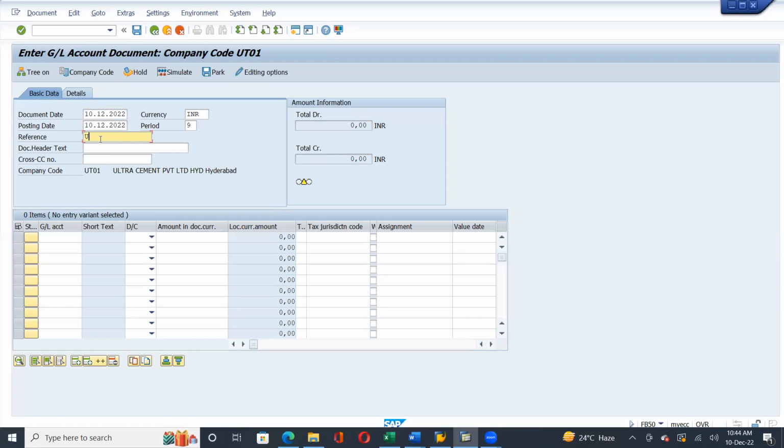For the document header text, I would like to give open item document 01. So write down here: cash account debited to salaries payable account. Why has salaries payable been credited here? Can someone explain? I am just asking.